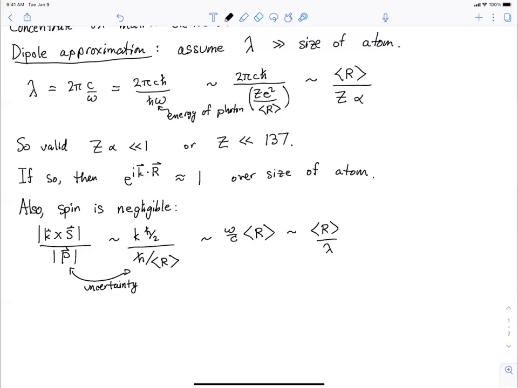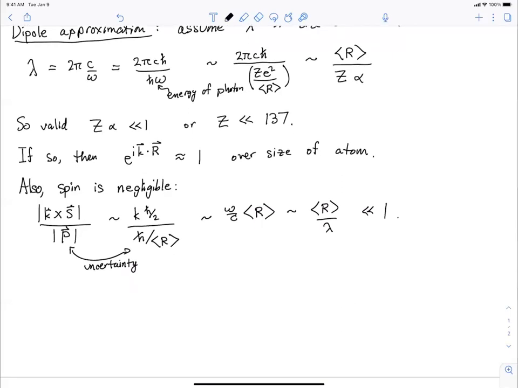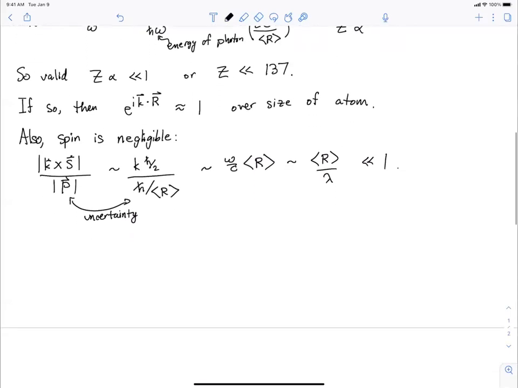And that's what we're assuming is very small. Okay, so within this approximation, our operator P vector curly K is just equal to the momentum operator in the matrix element.